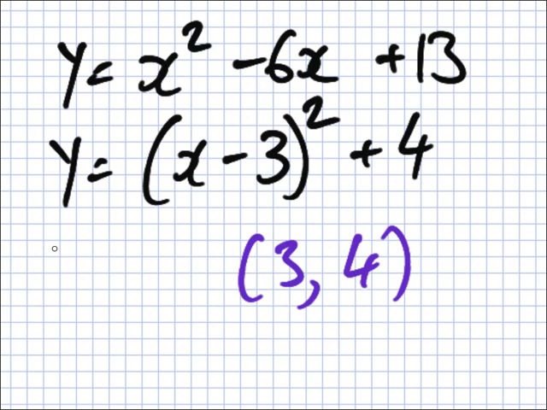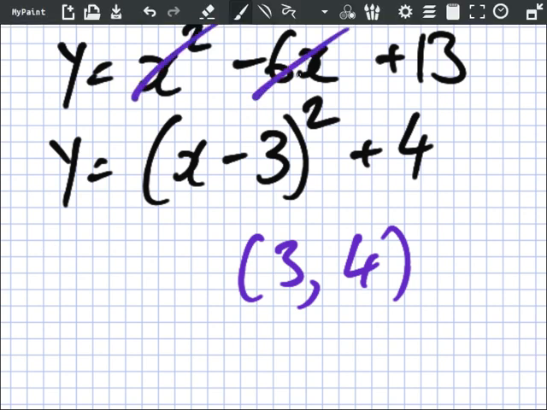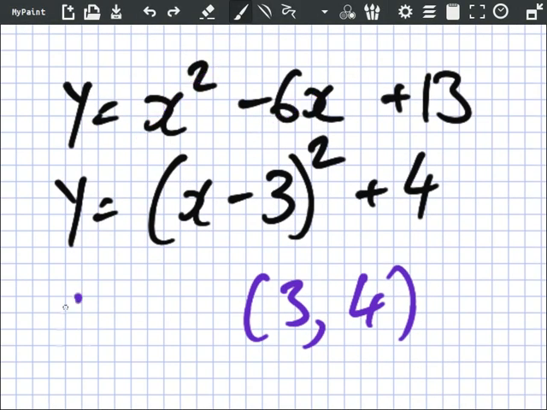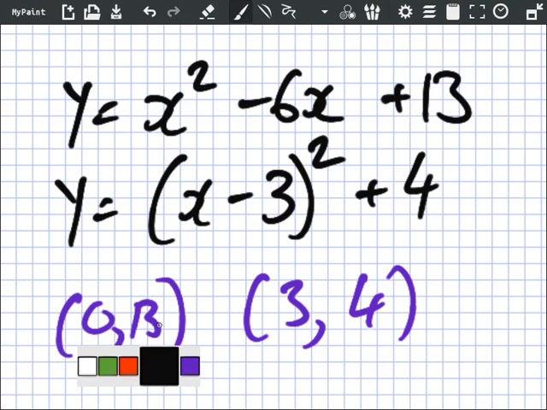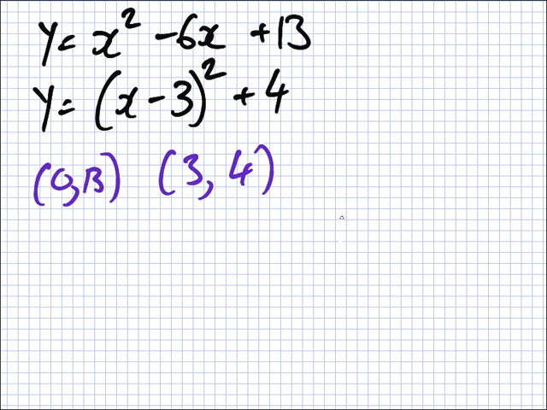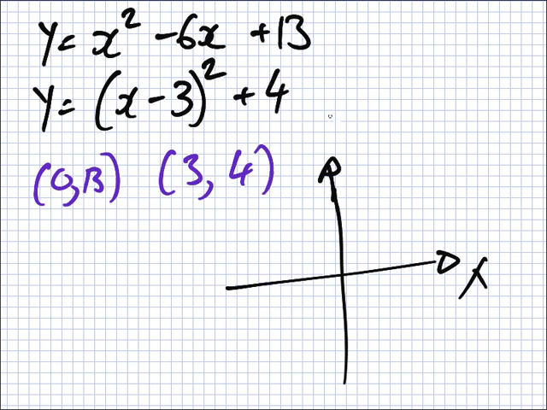And where does it cross the y-axis? If you put x as 0, what's y? 13. So 0, 13. They want a sketch, so something like this. Make sure you put in your x and your y, and 0, 13, so I'll just mark off 13 here, and the vertex is at 3 here, and if 13 is there, 4 would have to be about there.